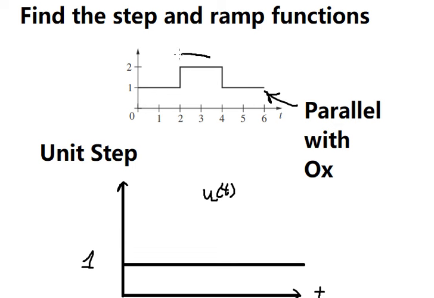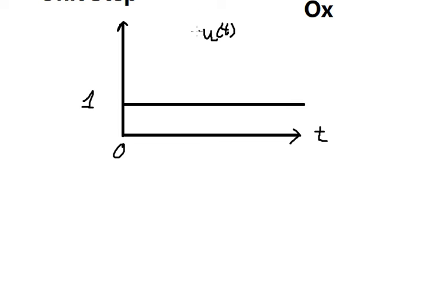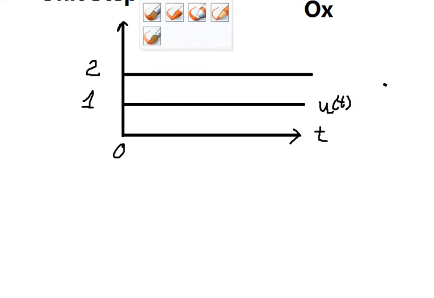Now because we have the step of number 2, that means we just multiply by number 2 and we will have number 2 in here. So this one I will put u(t). This one I will put 2u(t).